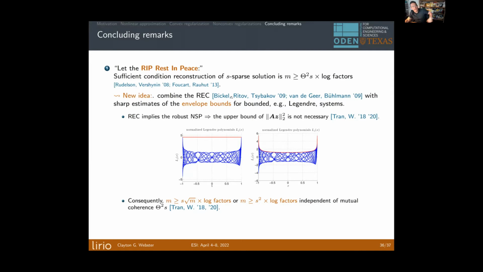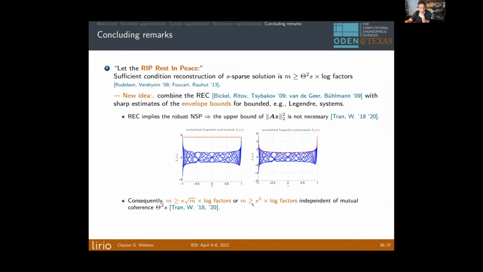So what we looked at is, rather than taking a uniform bound of, say, Legendre polynomials, let's look at the envelope bound of Legendre polynomials, and combine it with something known as the restricted eigenvalue condition. Then what we're able to show is that this restricted eigenvalue condition also implies a robust version of the null space property. In other words, the upper bound to the RIP is not necessary in this case. Consequently, what we can then show is that the number of samples grows at least by the following factor.